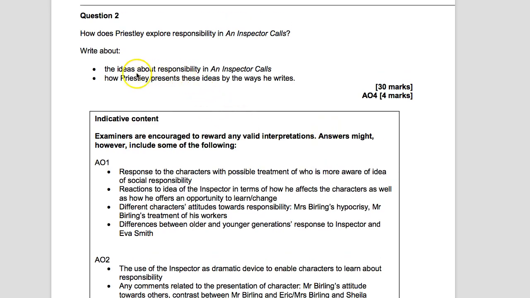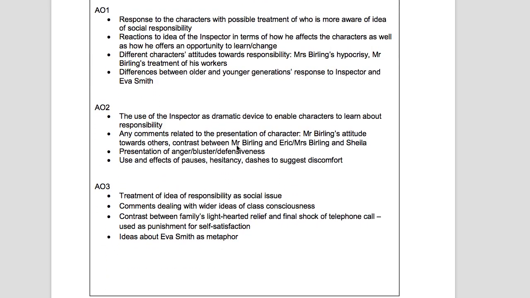Okay, and then finally, this one's about responsibility. And obviously, that's going to have social responsibility going all the way through it. There it is in AO1. There's responsibility again. There's the younger and older generation again. Learn about responsibility again. Contrast between the older and younger generation again.